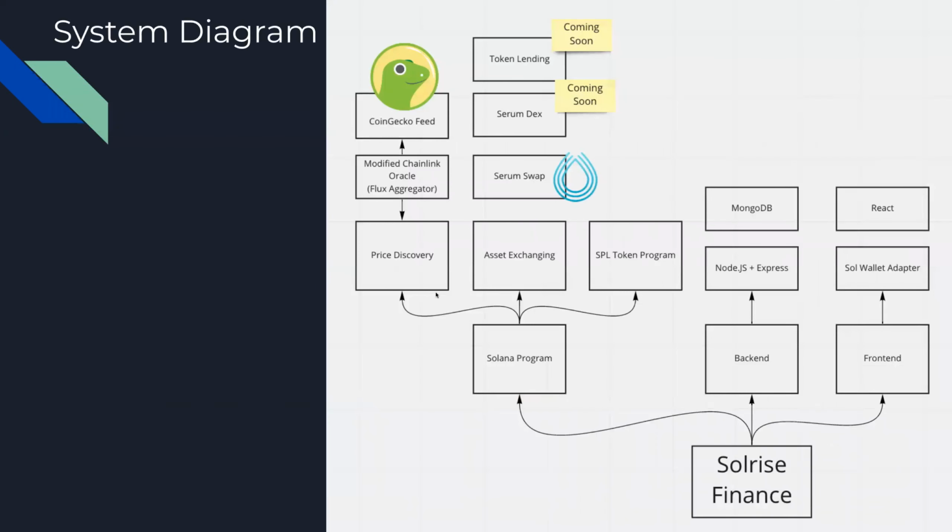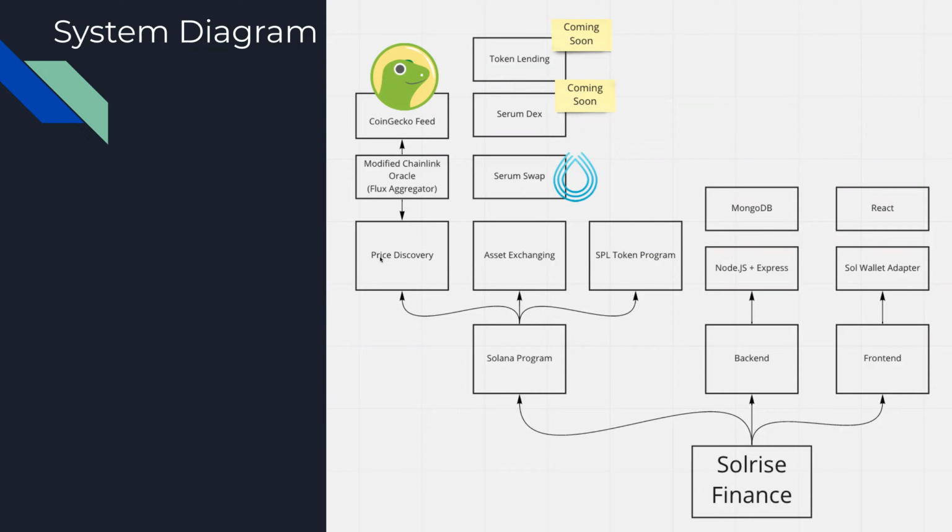This is a bit of a higher level diagram of the Solrise system in general. It consists of the program on the Solana blockchain, a backend and the front end. The program on the Solana blockchain utilizes the SPL token program for creating mints, transferring tokens, approving, transferring, etc. It uses different price discovery mechanisms.